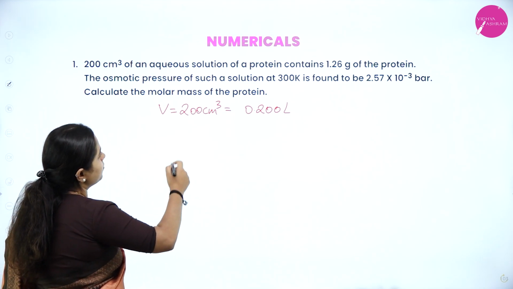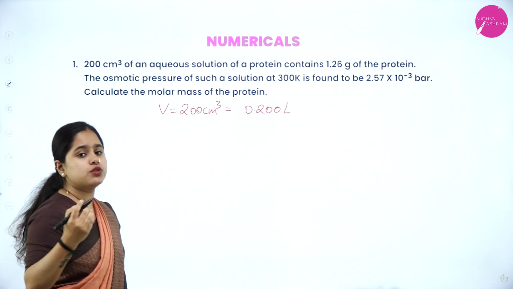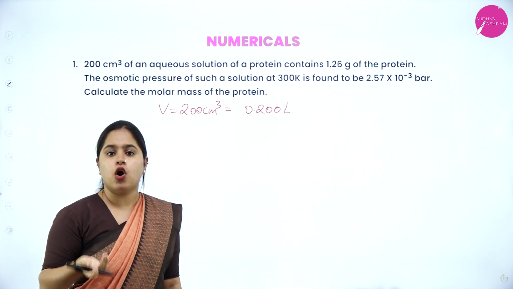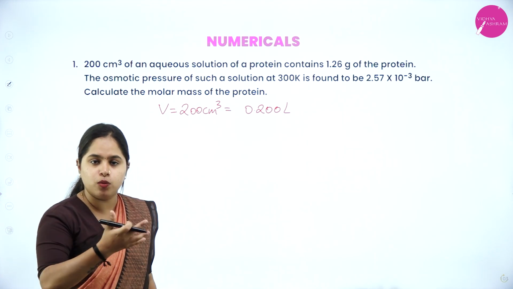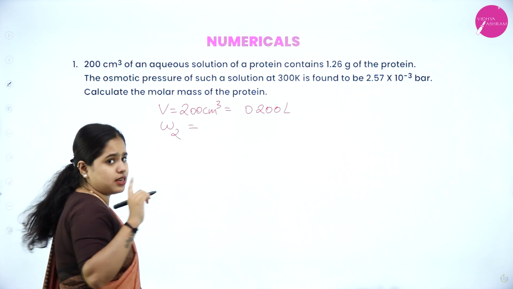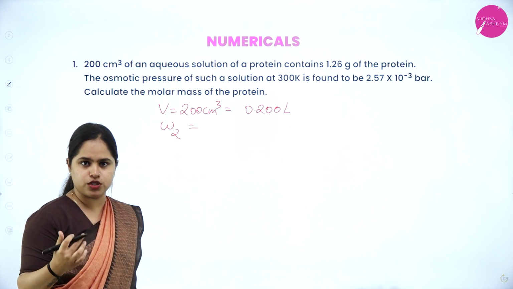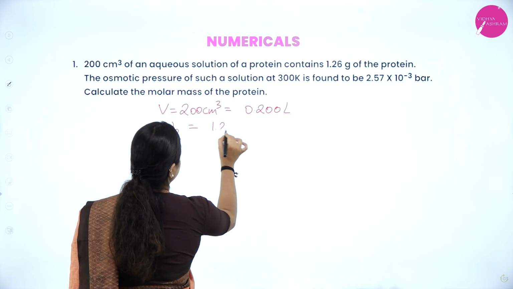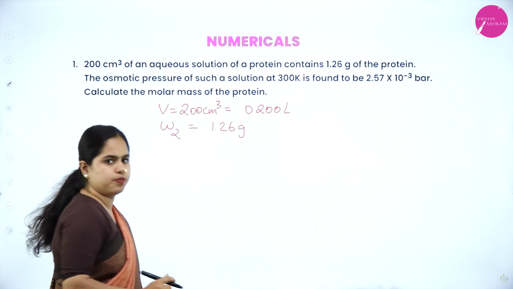Now what else is given? It contains 1.26 gram of protein, so the mass of the protein is given. That is W2. 1 stands for the solvent and 2 is for the solute, so protein is the solute here. The mass of the solute is given as 1.26 gram.